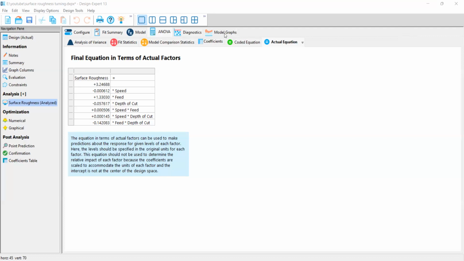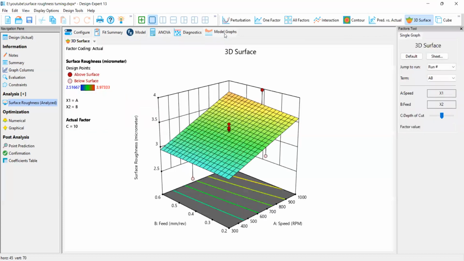So to model the graphs, we will click on model graphs. And after clicking on the model graph, we will click on the 3D surfaces. Upon clicking on the 3D surfaces, we will obtain these types of response surface plots.